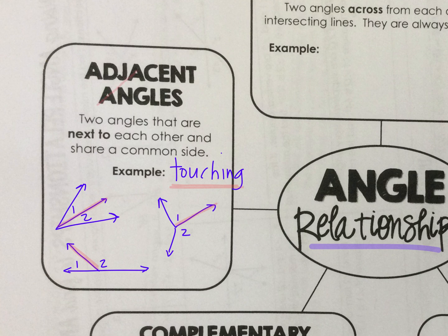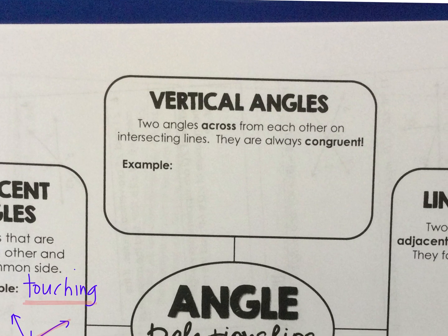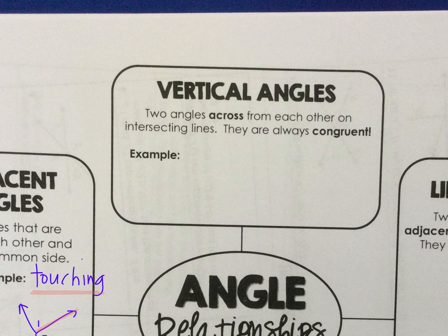Now we're going to look at vertical angles. Vertical angles are the angles that are across from each other. So 1 and 2, they're across from each other. I like to think this makes a V and this makes a V. So there's two V's that touch each other. And the rule with vertical angles is that they are congruent.